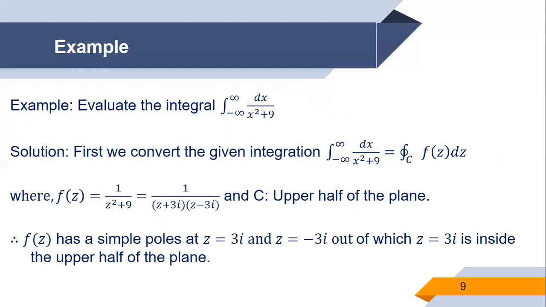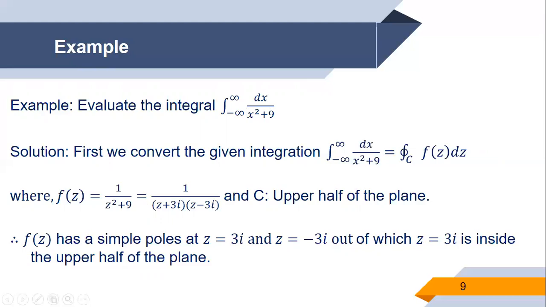So first, here this function is a polynomial form. In the denominator, the polynomial has a complex root and the integration limit is minus infinity to infinity. So we use integration type 2.